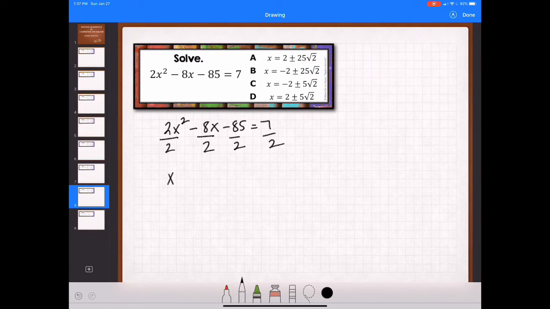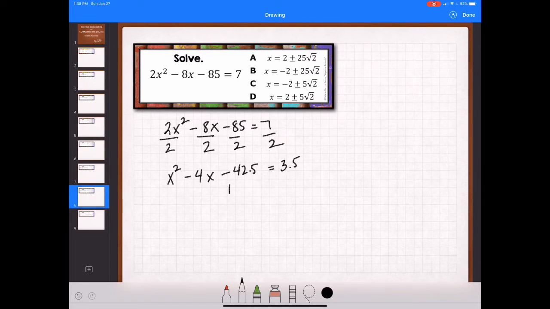So now we have x squared minus 4x, and then let's see, we can either keep this in fraction form or in decimal. Honestly, for the purpose of what we're doing right now, I'm just going to go ahead and use the decimal. And then see if it works itself out to whole numbers.